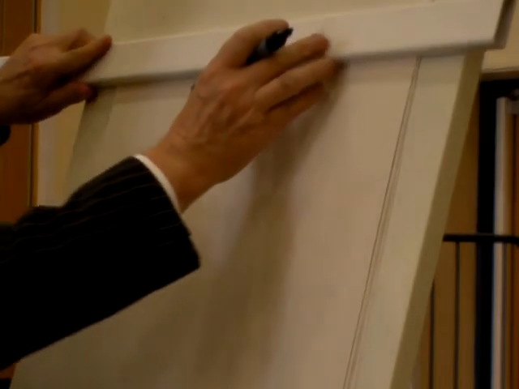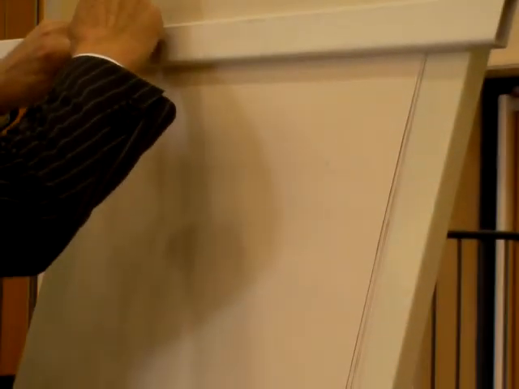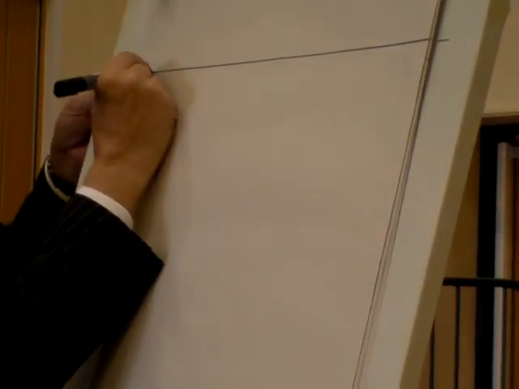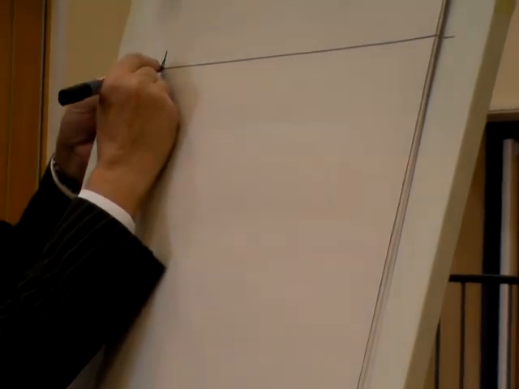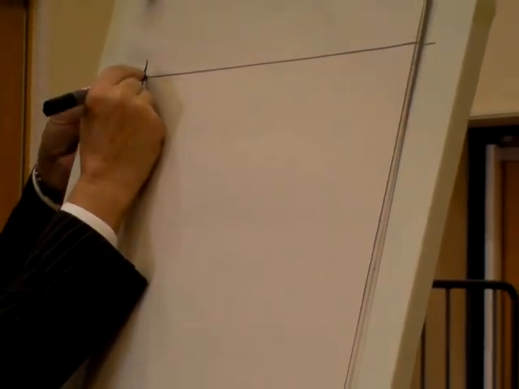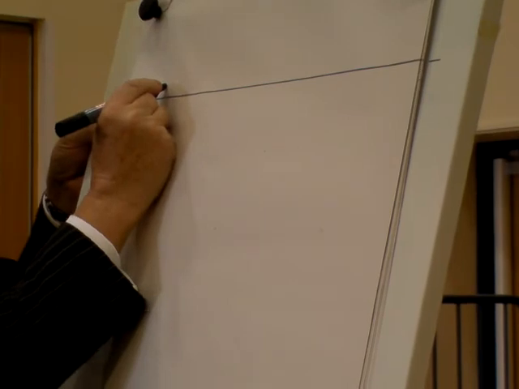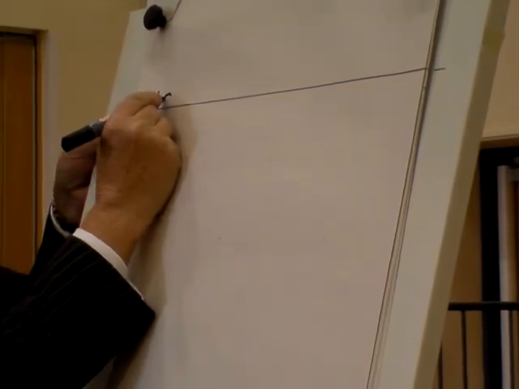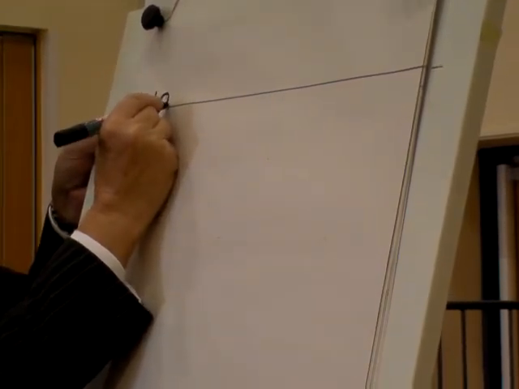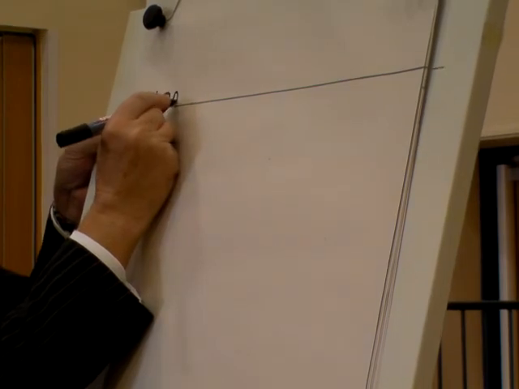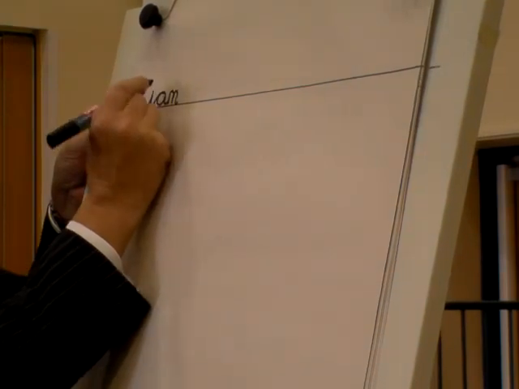So again, with the J, if we were writing a word, say a word like jam, we would start here, we'd go up, down, round with the A, 2 o'clock, back, flick it on to jam. And we flick that as well.